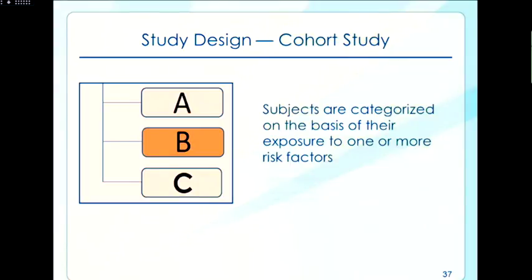You then follow those students over the following year and observe how their eating patterns actually play out, and in fact maybe even issues related to obesity or diabetes. So this is an example of a cohort study.